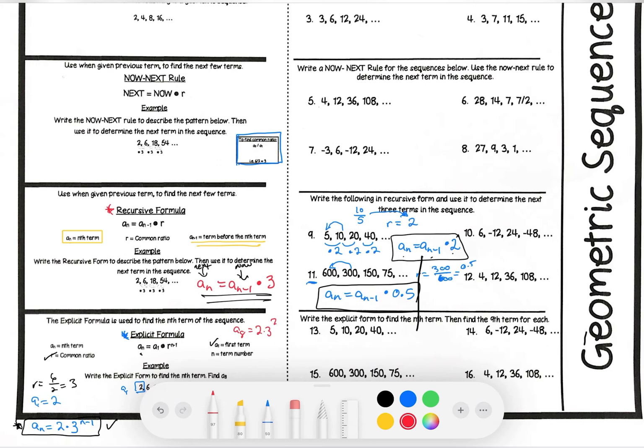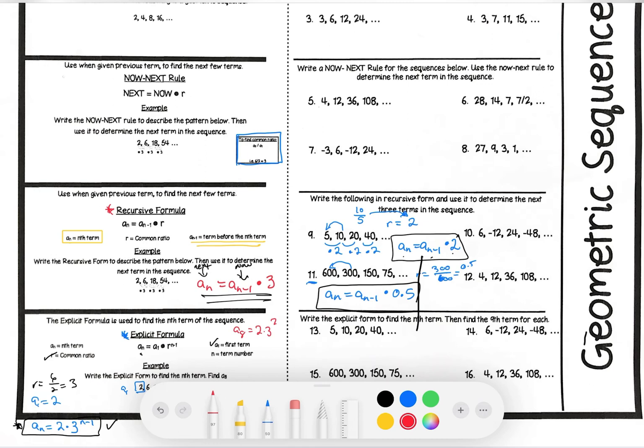Now, we're going to take out our calculator. It could be Desmos. It could be whatever you like. All right. I'm pulling it up. All right. And I am going to put in here 2 times 3 to the 7.